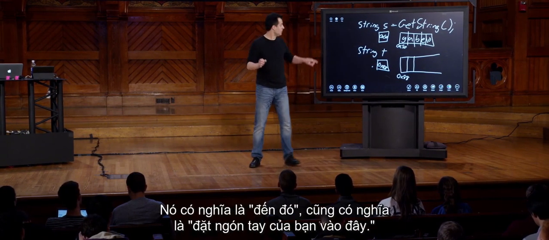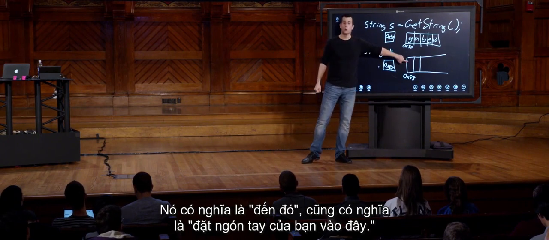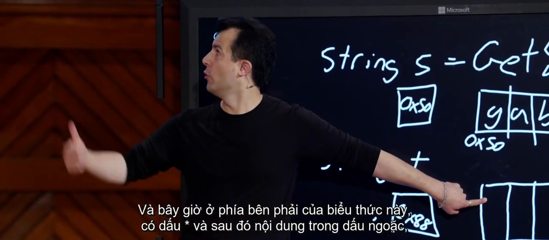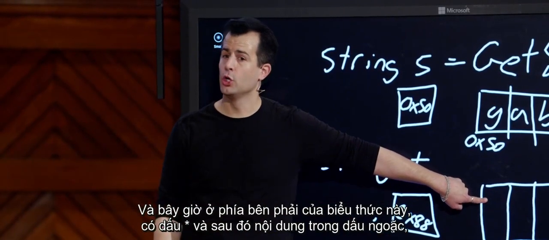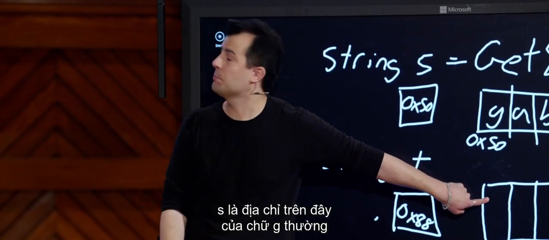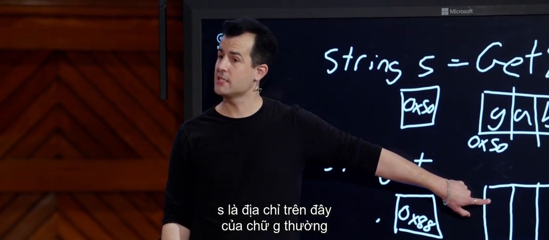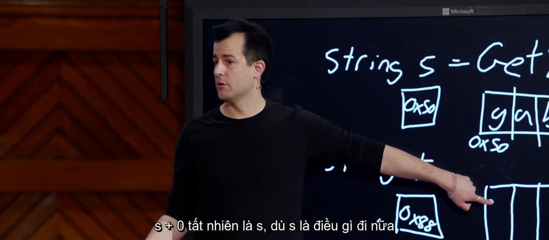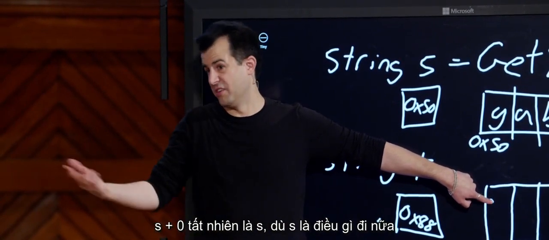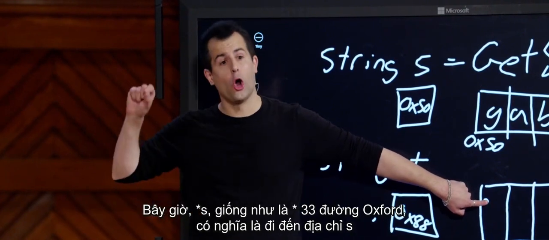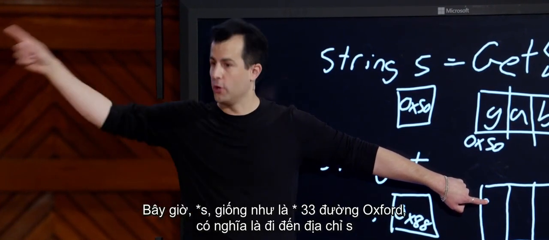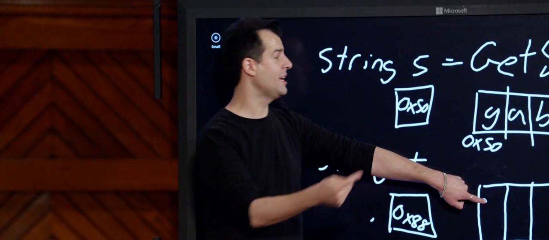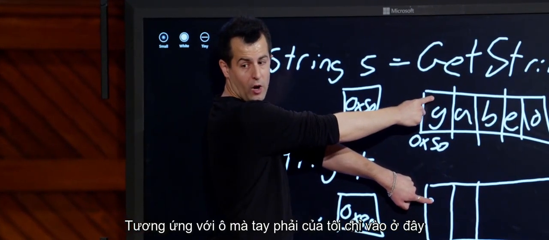It means go there, which means effectively put your finger here, and now on the right-hand side of this expression, star, and then in parens, S plus I means S, which is the address up here of the little g. S plus 0 is, of course, S, whatever S is. So now it's star S, which just like star 33 Oxford Street means go to the address S. So here's this finger, right hand.